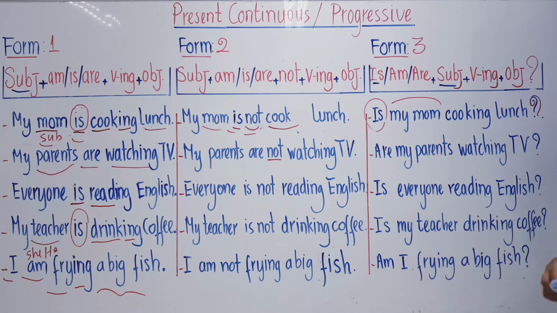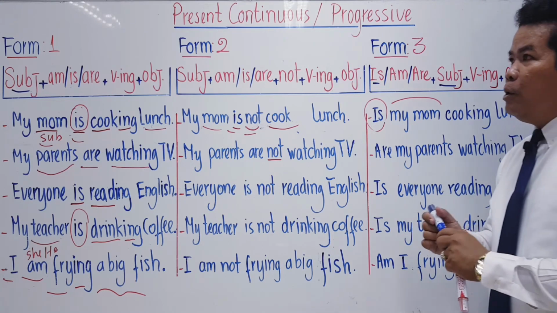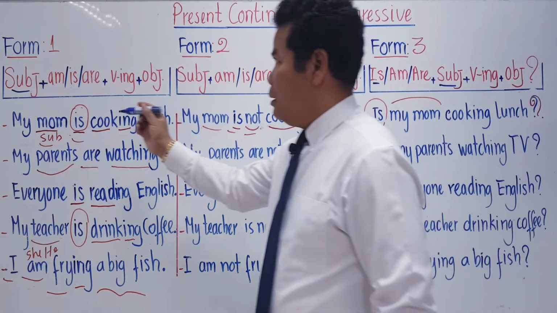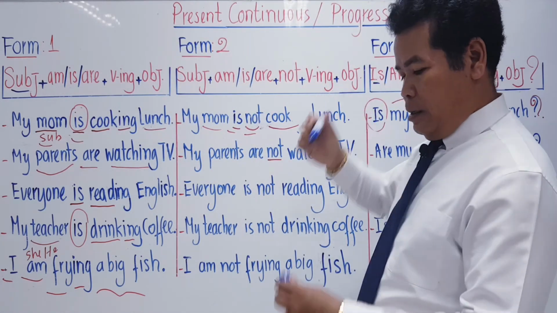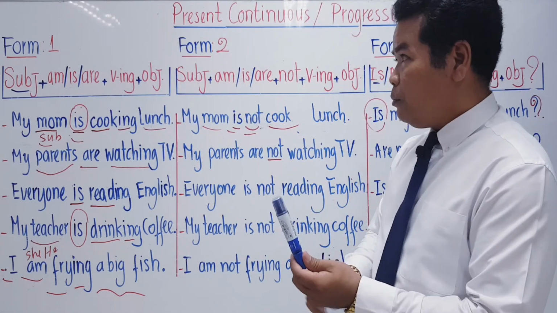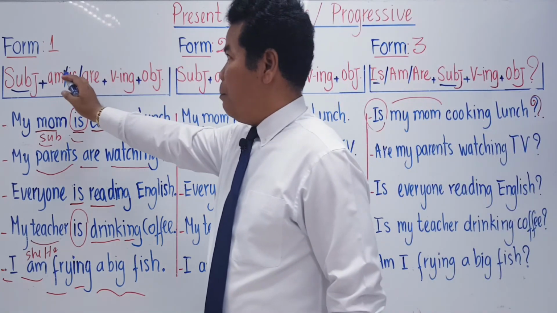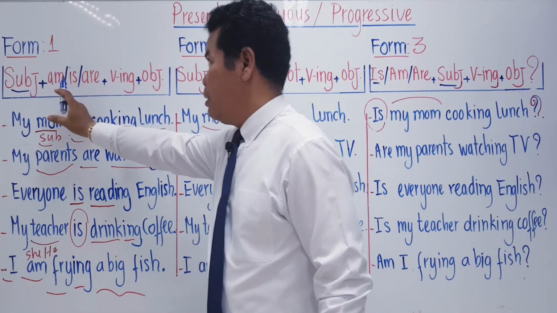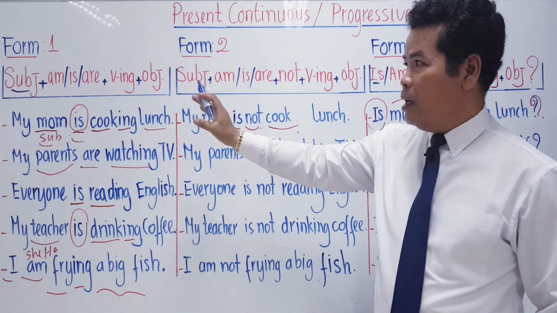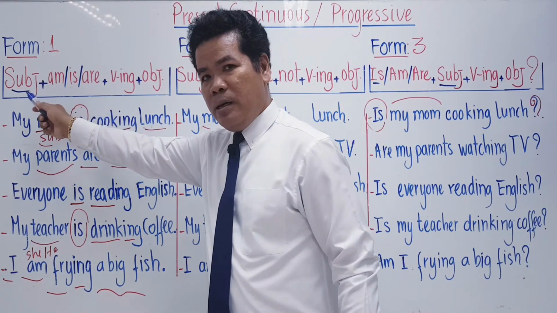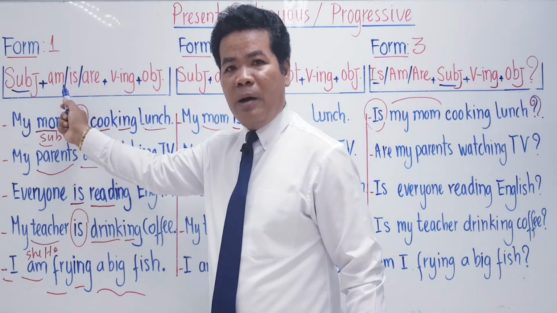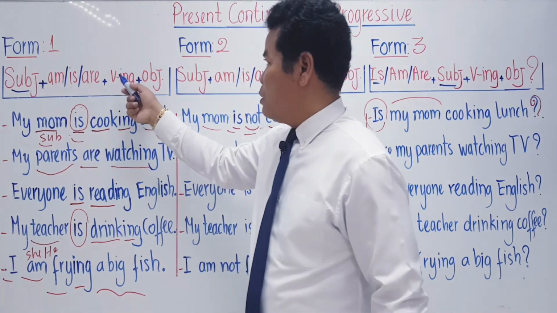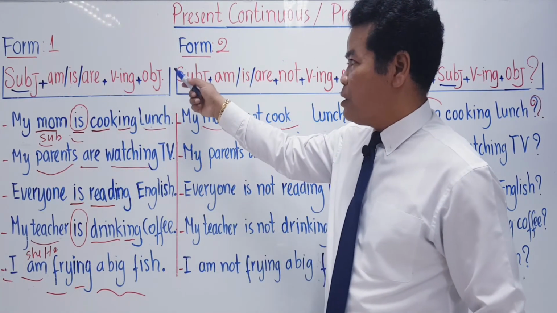Okay? Now we go through the forms again, from form number 1, form number 2, and form number 3, to make it clear. We form the positive sentence of the present continuous by using subject plus part of verb to be, is, am, are, as you know, plus verb plus ing and plus object.